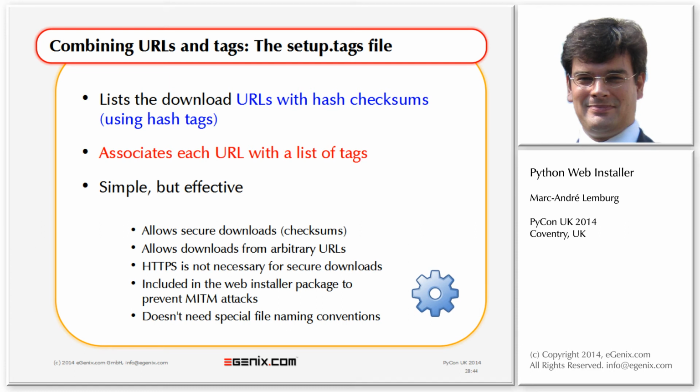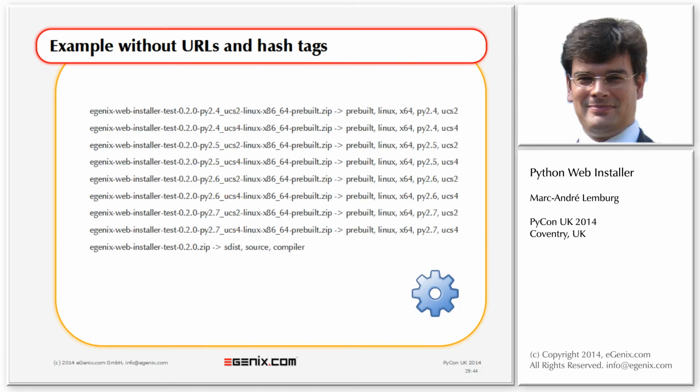And you can host the files themselves on arbitrary platforms. They don't have to have HTTPS support at all. They don't have to be hosted on PyPI. You can use any other system that you like. And it's still secure.